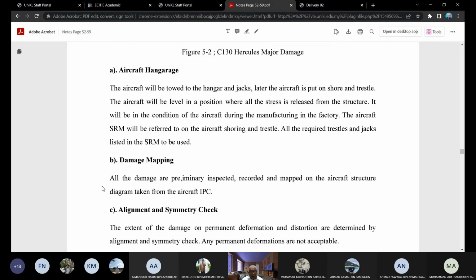Most of the time, what we do is remove all the rivets at the area of distortion, so the aircraft will go back to its own position after you remove all the defective buckled or wrinkled parts. After that removal, we continue with repair. We repair after we remove the distortion or deformations.